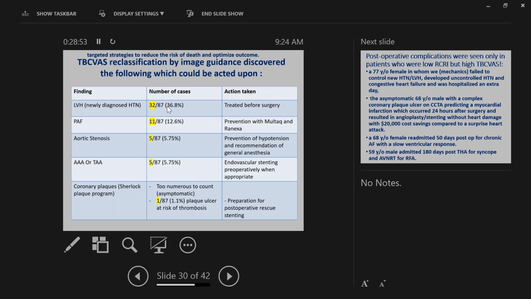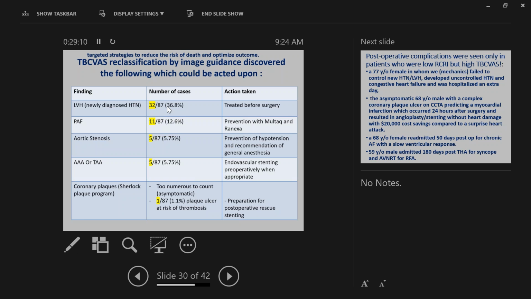That's amazing that we found 5 out of 87 aneurysms, and one of them was large enough that we felt that we needed to stent it preoperatively, which we did, and the patient went to surgery the next week and did fine.